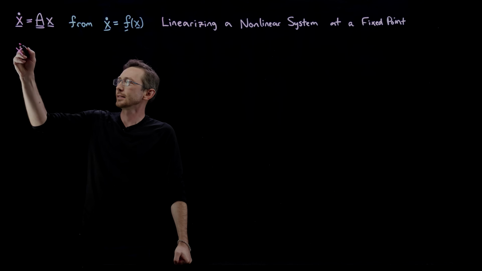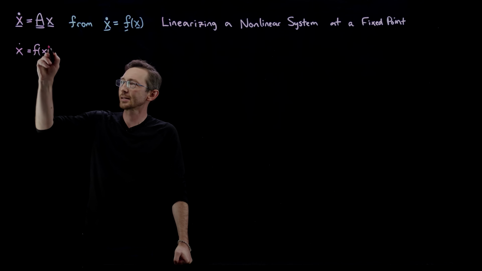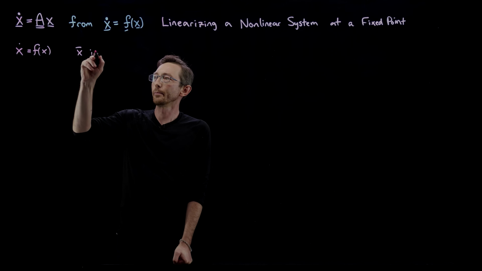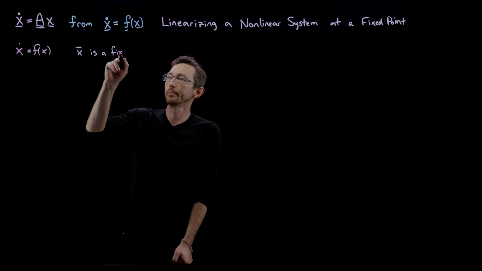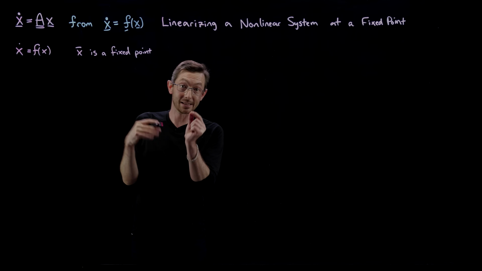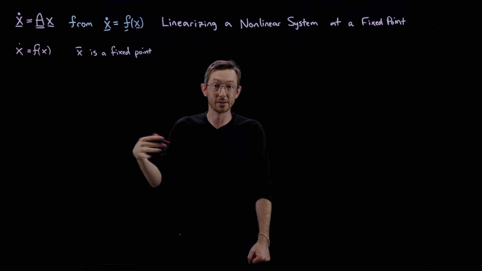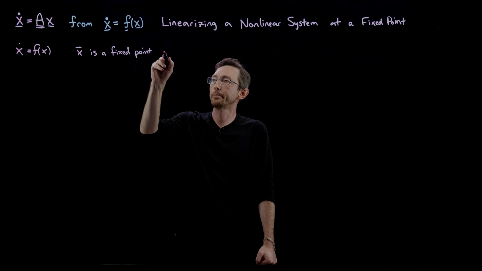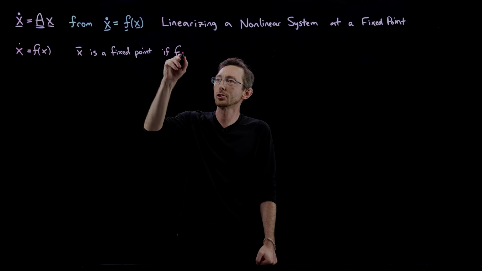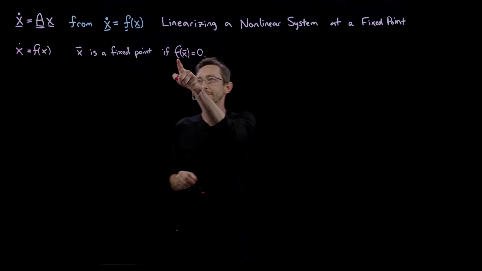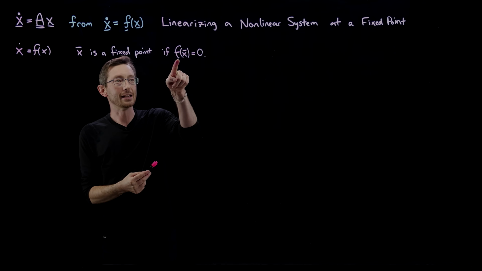So x dot equals f of x, we're going to say that this has a fixed point. x bar is a fixed point. It literally means that it stays put, it stays fixed at that point. If you start at x bar, you stay fixed at that point. x bar is a fixed point if my function f evaluated at x bar equals 0. That's kind of a funky f, sorry, it looks weird. That's an f.